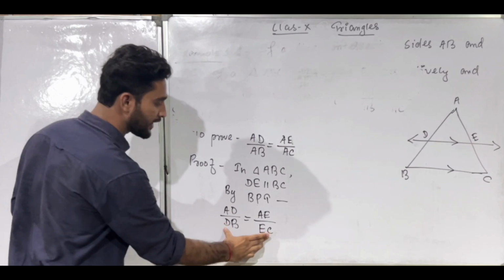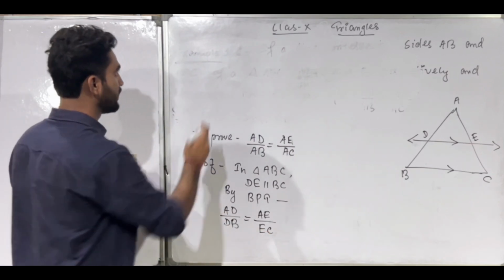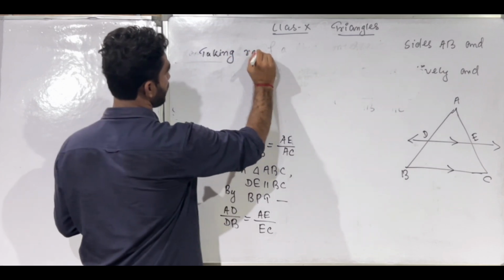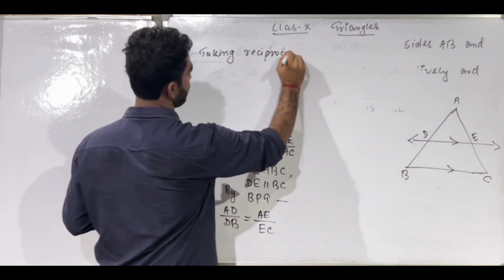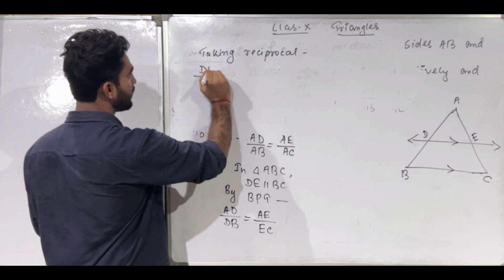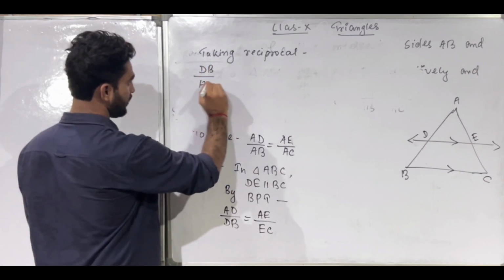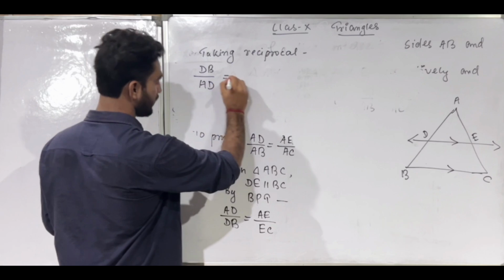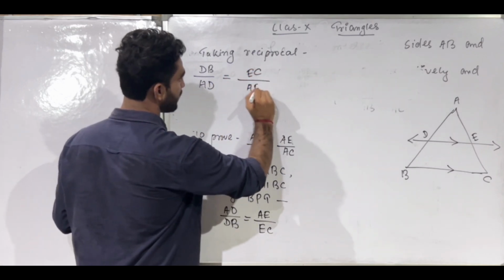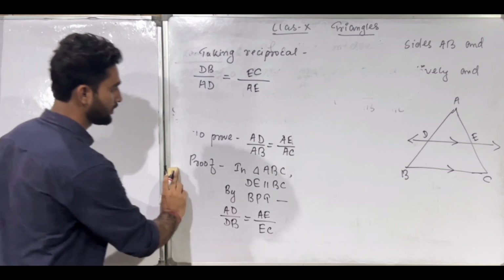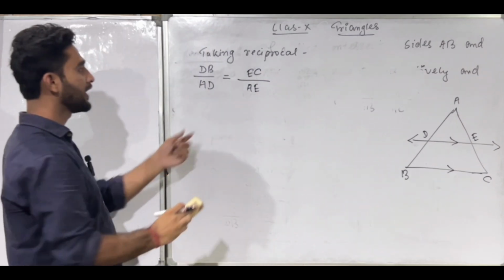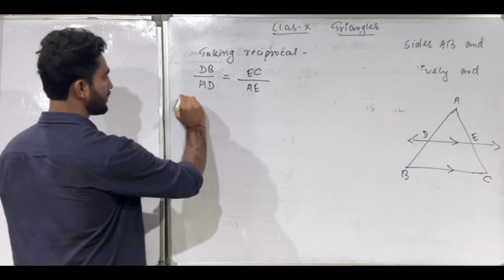Now we will take the reciprocal of this. Taking reciprocal, what will we get? DB divided by AD is equal to EC divided by AE. Now after taking the reciprocal, add 1 to both the sides.